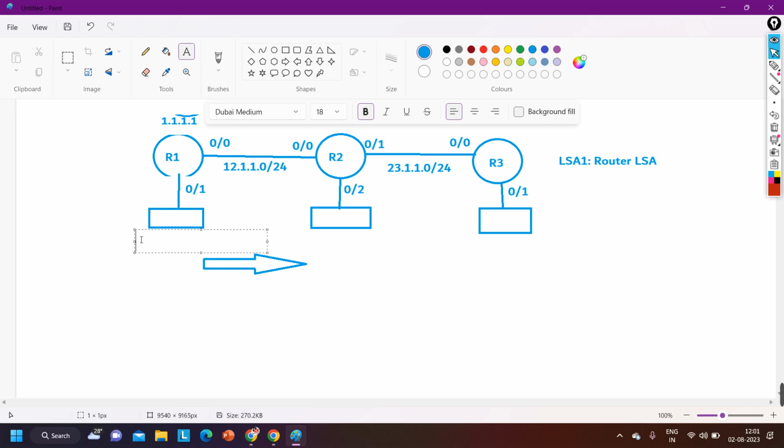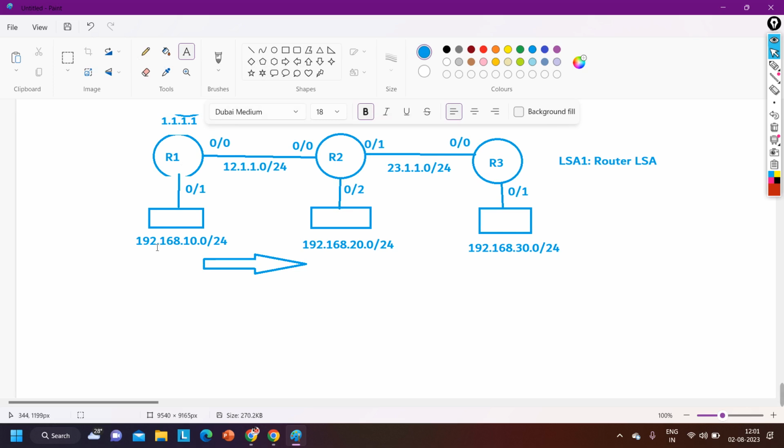Here I am running network 192.168.10.0/24. Here I am using network 192.168.20.0/24. Here I am using network 192.168.30.0/24. Okay, done. So routers exchange LSA1 to share routing information.